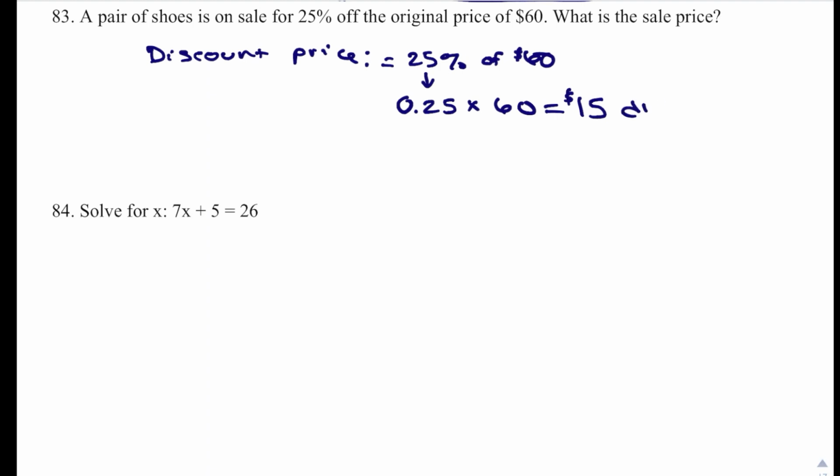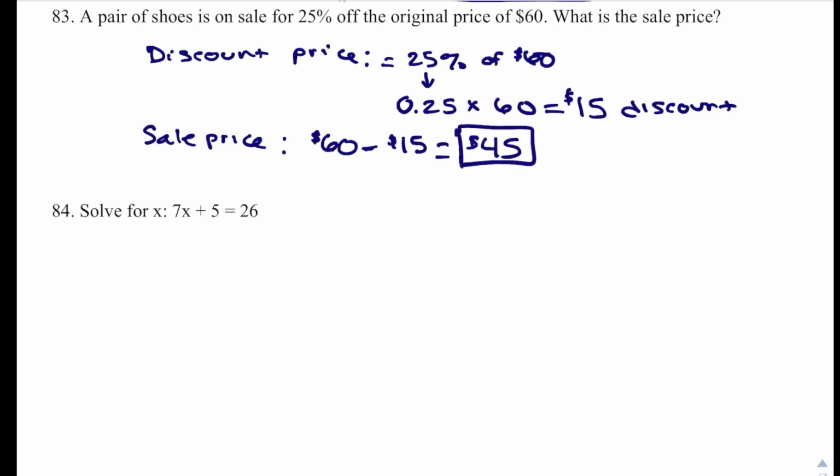So this is the discount. Then our sale price is going to be the original price, which is $60, minus the discount, which is $15, and that's going to give us $45, and that is the answer.